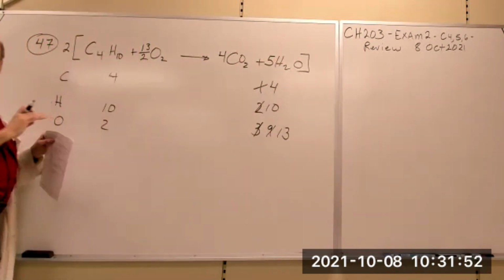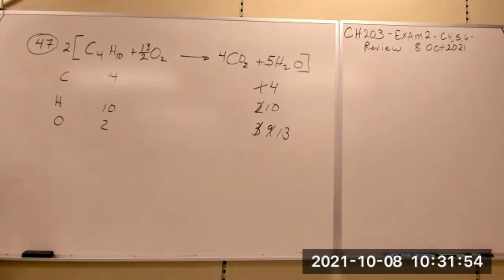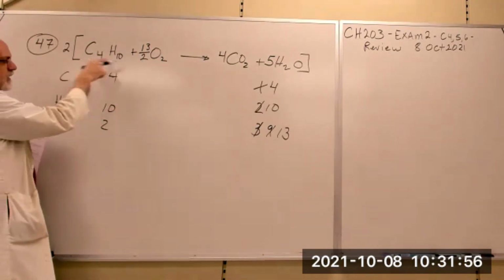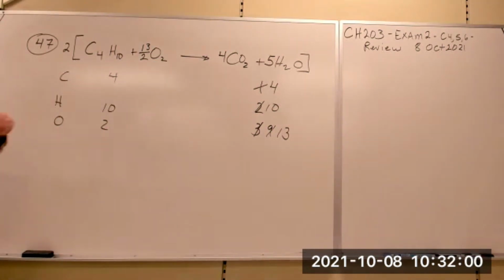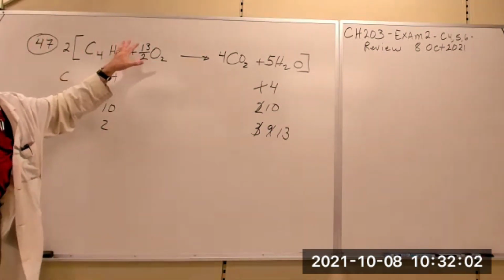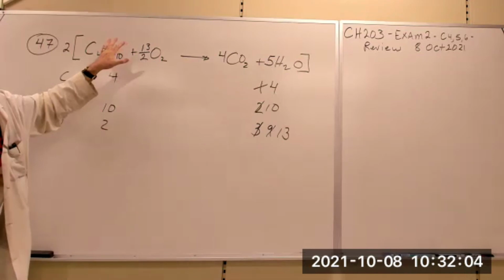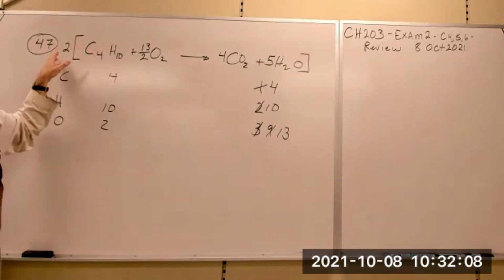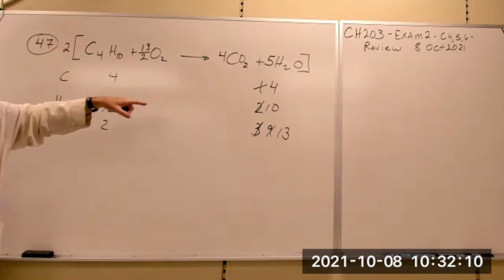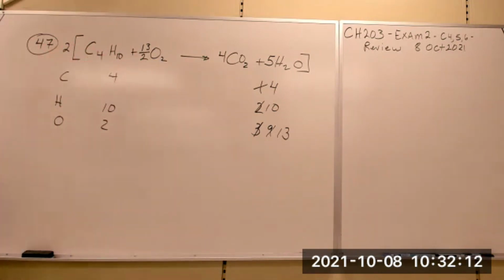It's just not in the form that we prefer. So in order to get rid of that fraction, we have to multiply everything by the same number. The ratio is fixed now that it's balanced. So like any mathematical equation, if you multiply one side by 2, the other side has to be multiplied by 2 too. Everything has to be multiplied by 2.